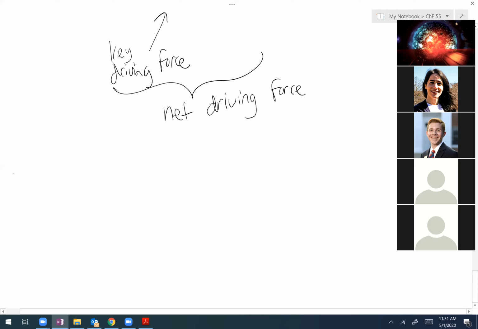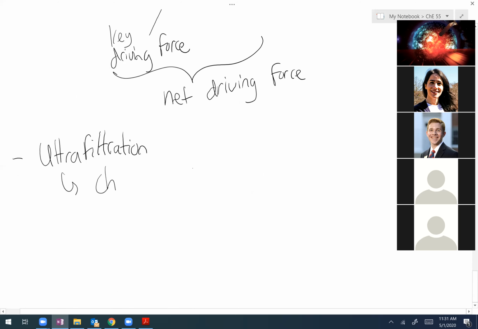We touched on ultrafiltration. In this system, we looked at ultrafiltration, a little bit of characterization. And we looked at, let me jump to it, make sure I don't skip anything, the influence of fouling. We looked at gel layer calculations.